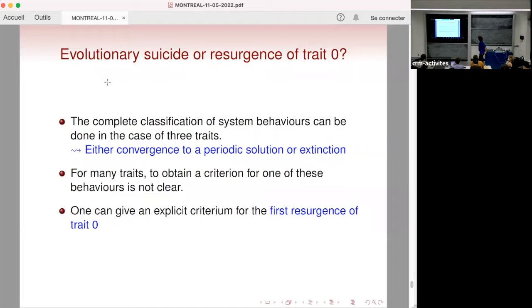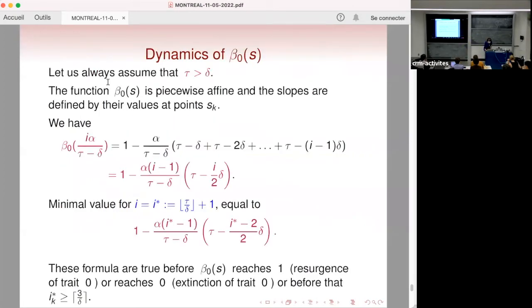And so at least we gave an explicit criterion for the first re-emergence of 0. So we are in the situation where tau is greater than delta, as earlier. And we have seen that beta_0 is piecewise affine, and one can prove that the slopes are always defined by a value as S1.